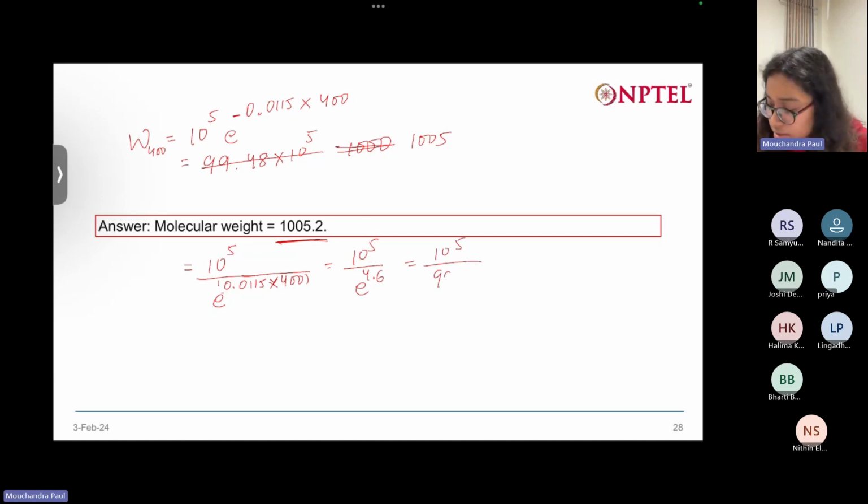Then you will get 99.48. Now you divide these two values: 10 raised to the power 5 divided by 99.48. It comes out to be 1005.2, whatever. So this is how you should approach it when you are given an exponential component in your expression. Now, is it clear?